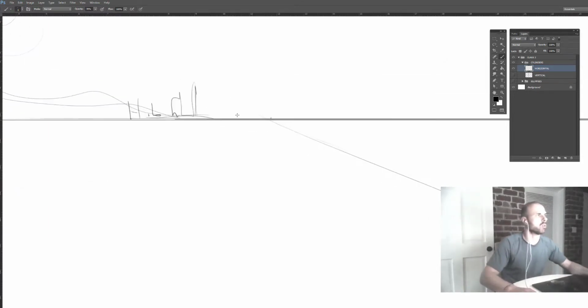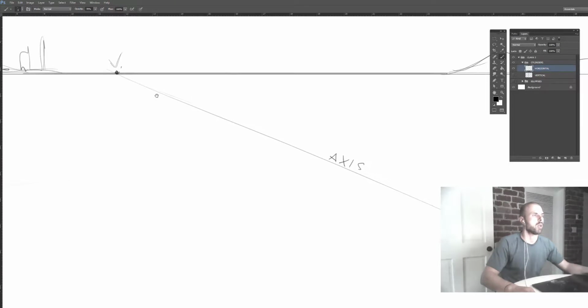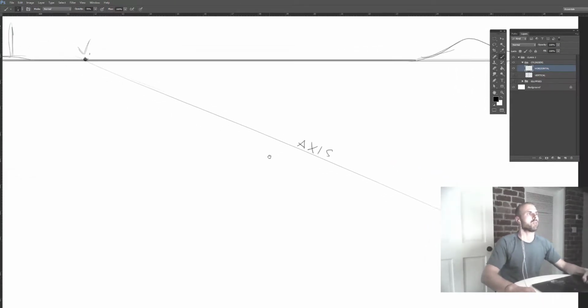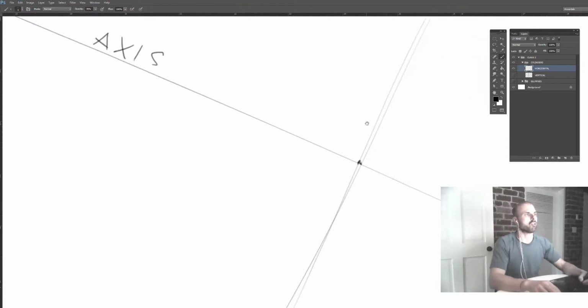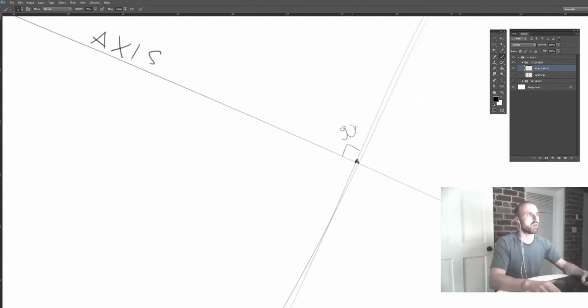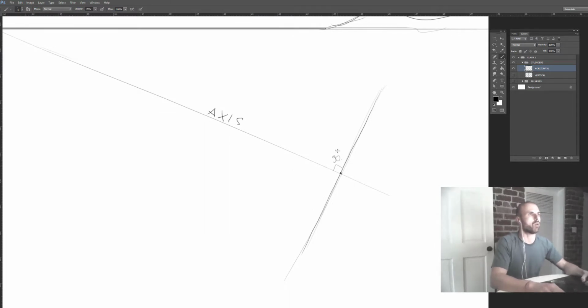This axis is going to touch the horizon line in the vanishing point, and once I have done this axis, the next thing that I'm going to do, I'm going to identify one point that I will be using to sketch the 90-degree line. Okay, remember, this line that I just did has to create a 90-degree angle with the axis.